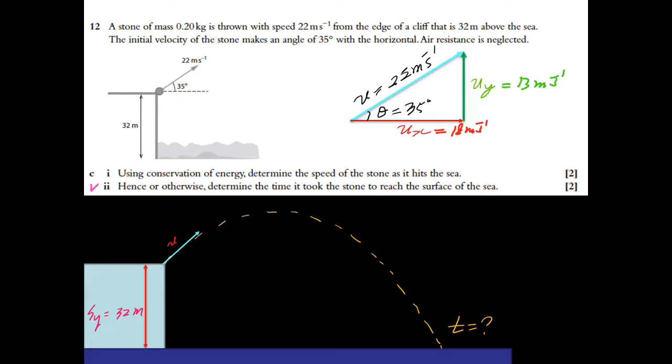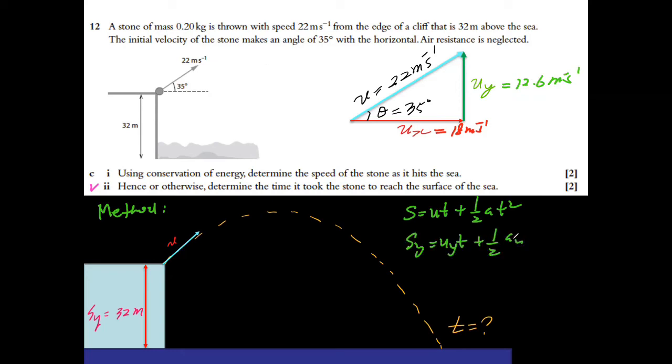Hence, or otherwise, determine the time it took the stone to reach the surface of the sea. The time is determined by y component. So method 1, use displacement formula. s equals ut plus 1/2 at squared. Let's write it down. Y component sy equals uy t plus 1/2 ay t squared. We choose upward as a positive reference.